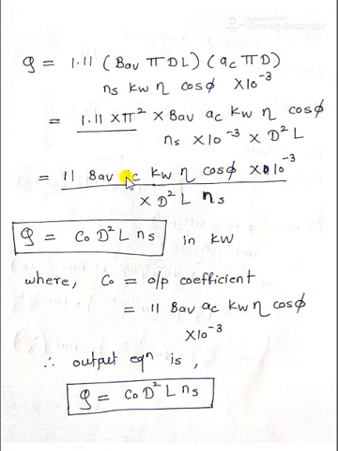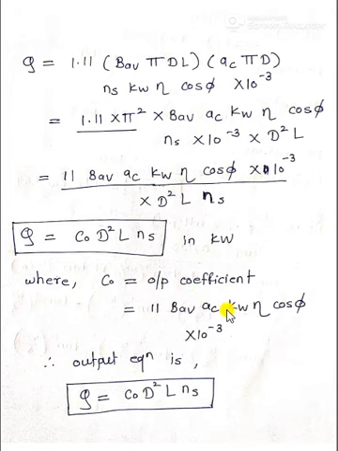B average ac kW efficiency cos phi into 10 raised to minus 3 d square L ns, and this is a complete constant equation term. 11 is a constant, B average value constant, ac constant, kW constant, efficiency constant, power factor constant, and 10 raised to minus 3. So this whole term we can combinedly denote as C naught, that is the output coefficient.